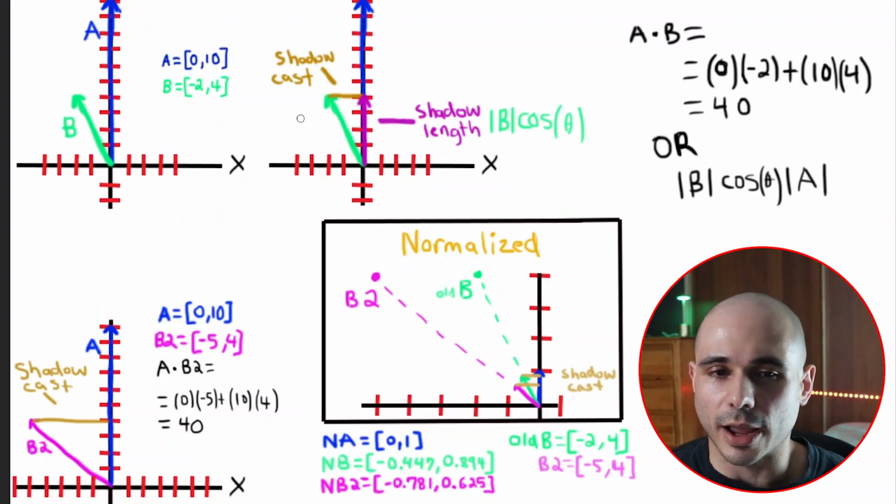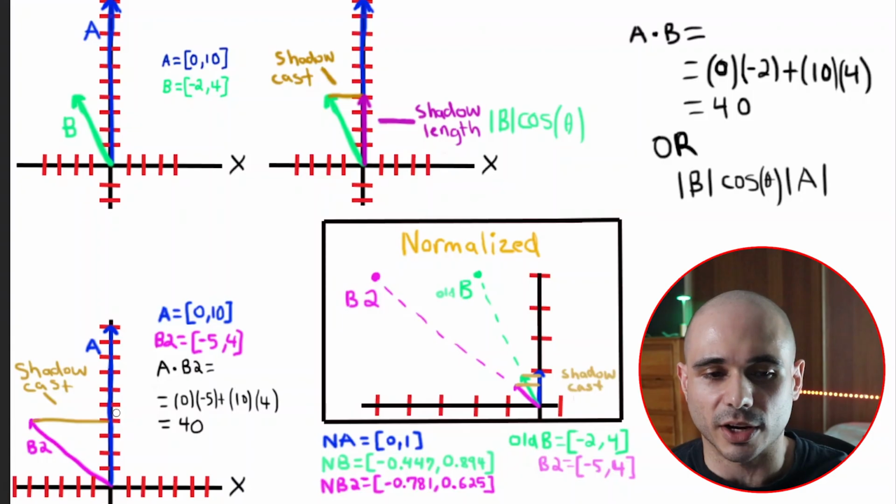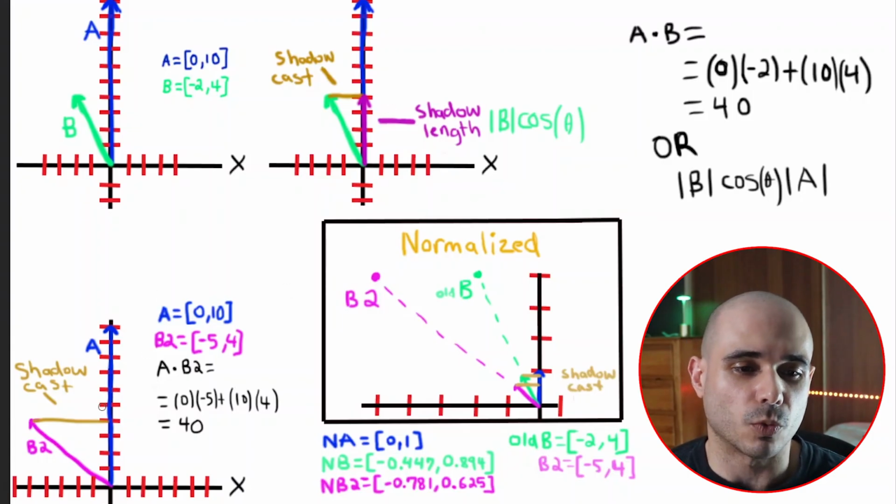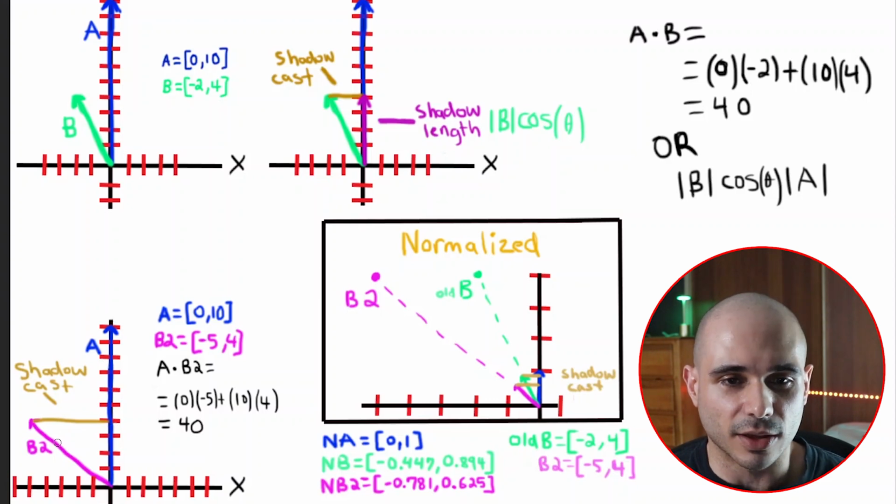The reason I want to show this is because we're going to take that little scene or system we have there, and put it down here, and we're going to take the B vector, and instead of having it at -2 and 4, we're going to have it at -5 and 4.